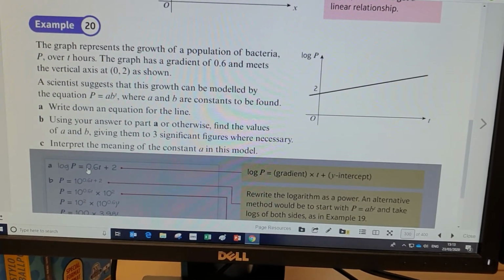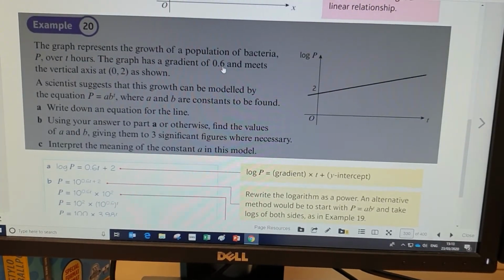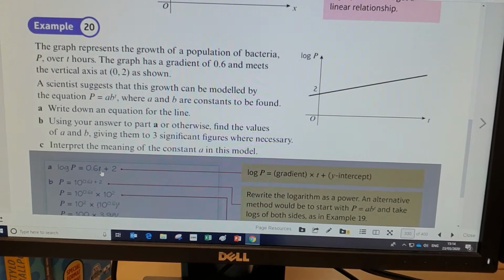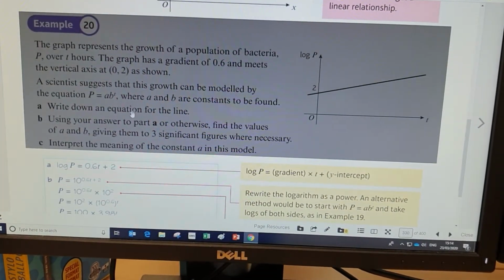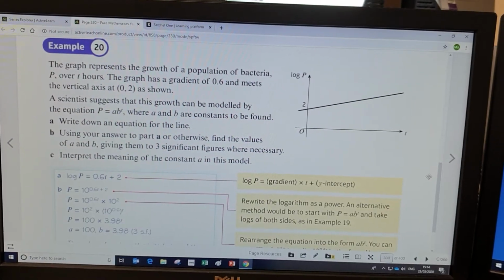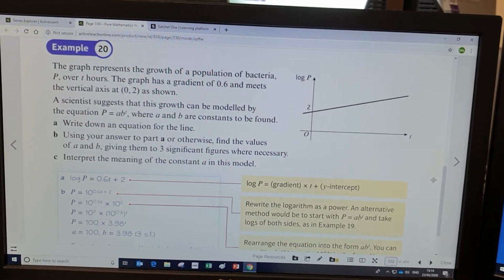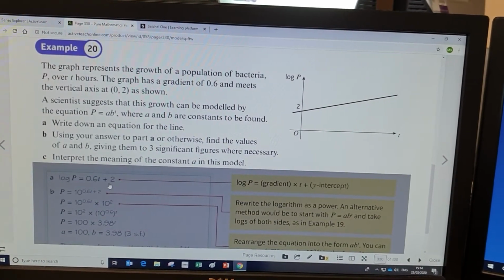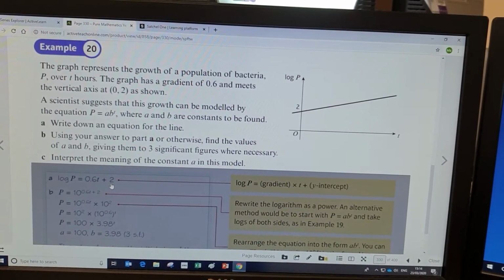That is equal to, the gradient is 0.6, so it's 0.6 times t, and then our y-intercept is 2, so it is plus 2. Doing it in that way gives us a linear equation, so log p equals 0.6t plus 2.